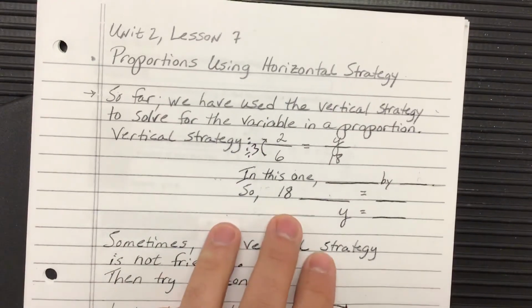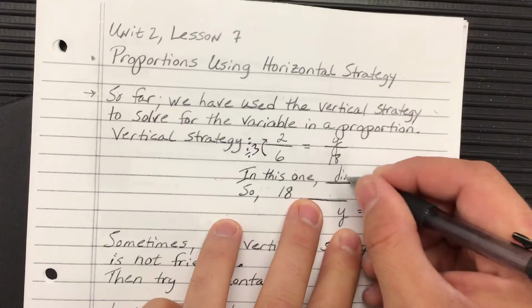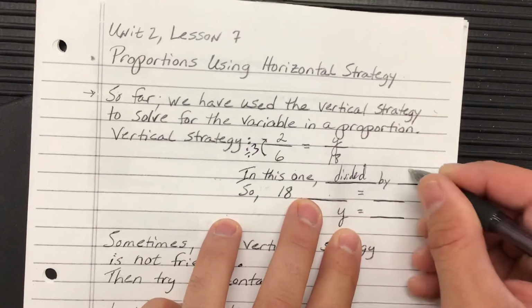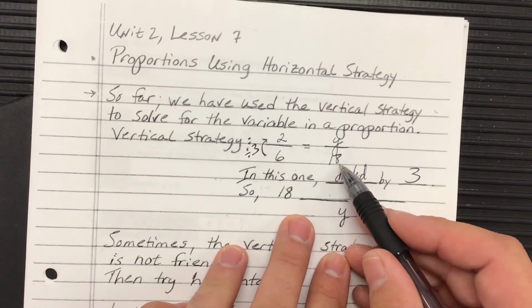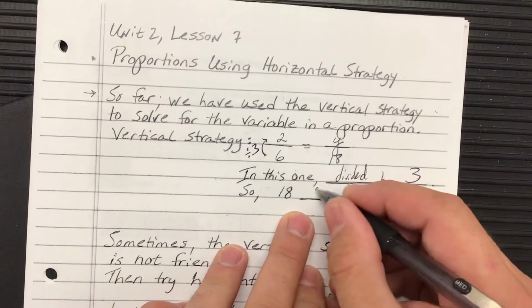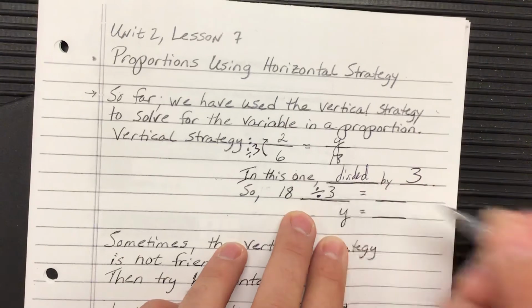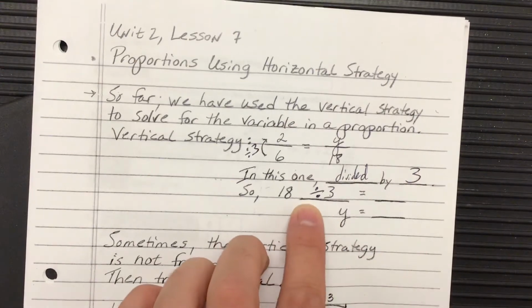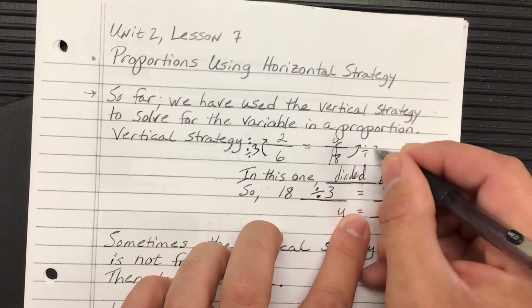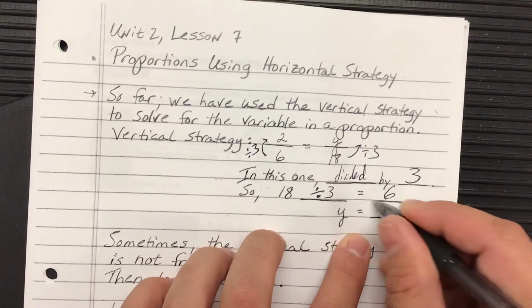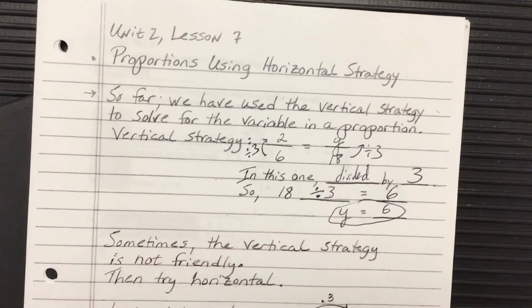So in this one, we divided by 3. So we have to do the same thing to the 18. 18 divided by 3 is 6. So I divided by 3, so that means y equals 6.